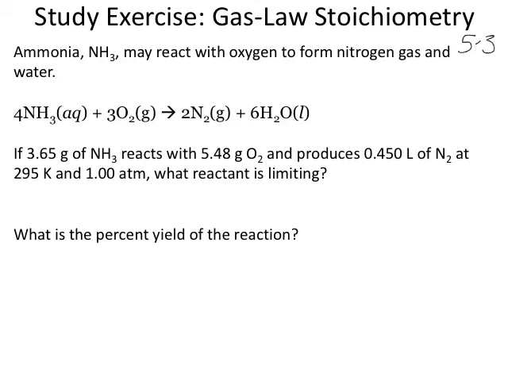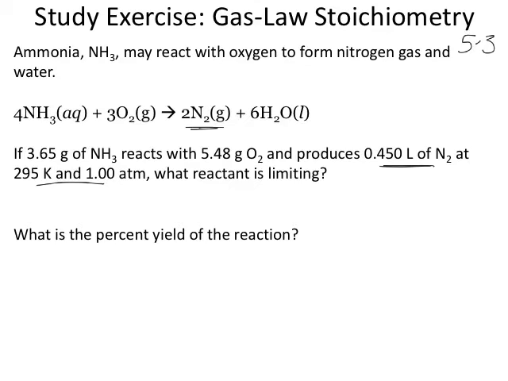It produces, so when you do PV equals nRT here, you got to look at the substance, the liters of nitrogen. So if you did PV equals nRT, you're dealing with moles of nitrogen, because you're given the volume, you're given the temperature, and the pressure.